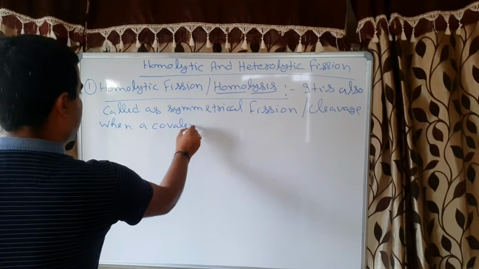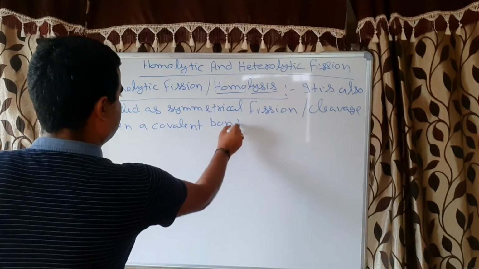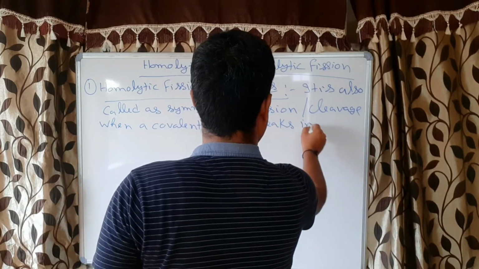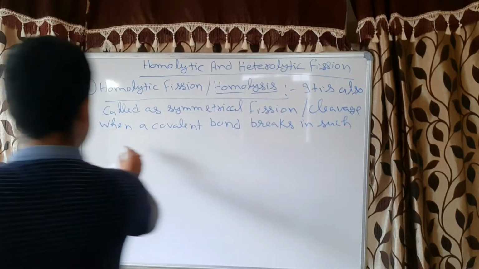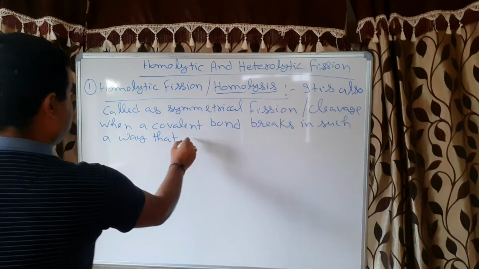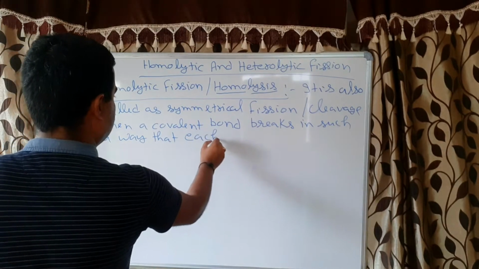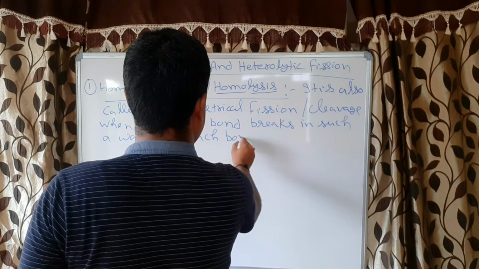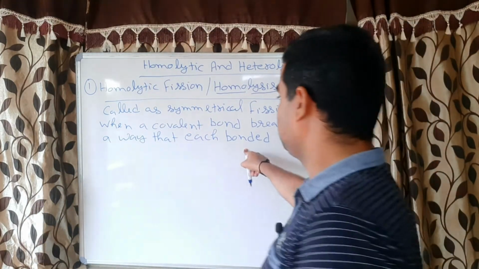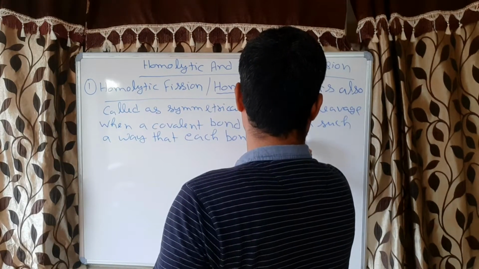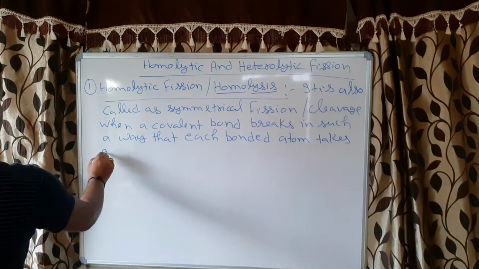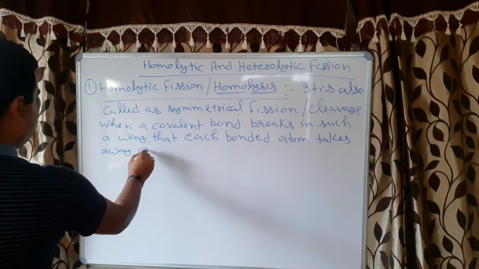A covalent bond breaks in such a way that each bonded atom, here bonded means covalently bonded, takes away one electron.